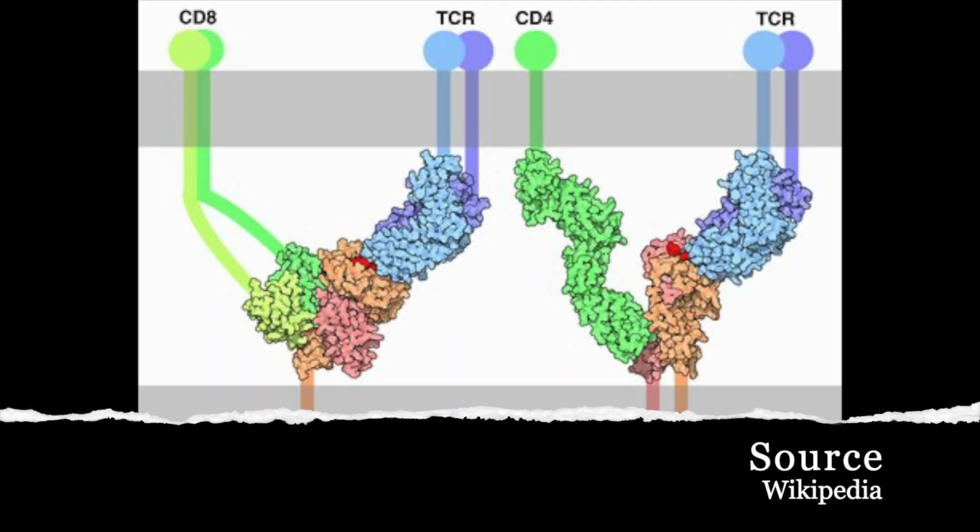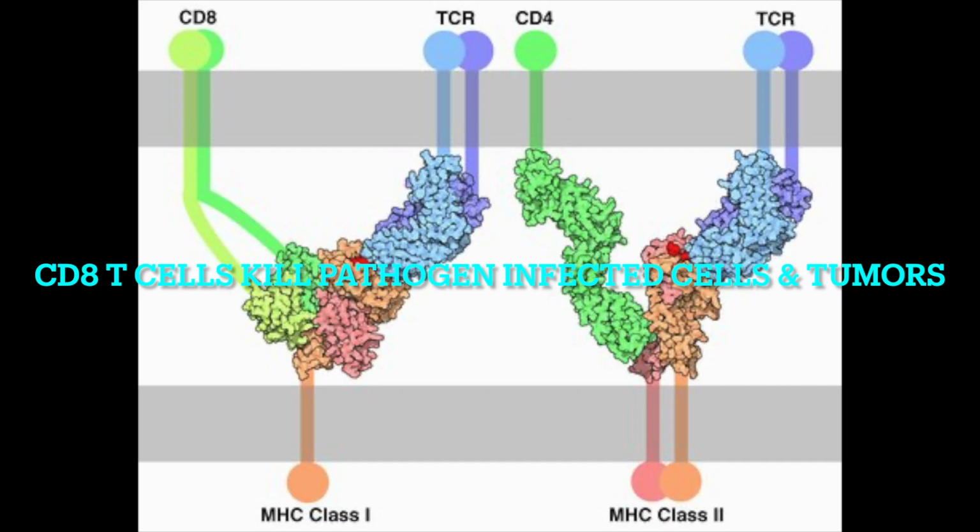And so looking at how the T cell receptor actually binds these MHCs, there's also these co-receptors that are necessary to bind as well. So this differentiates what type of cell can interact with which MHC.